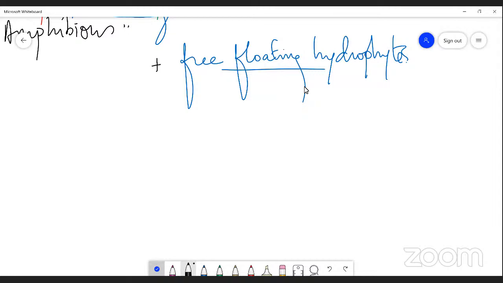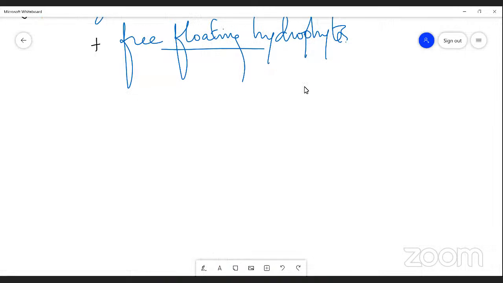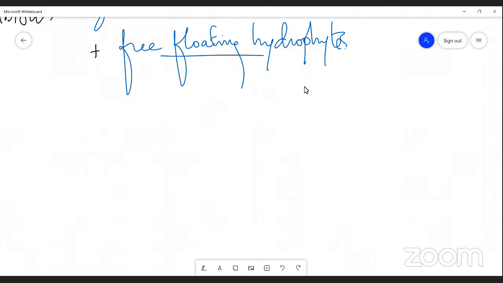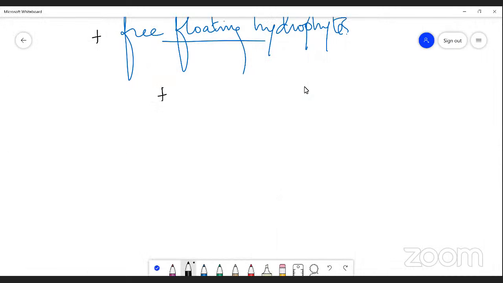For that, I'm going to give some examples. Eichhornia, Pistia. I'd like to give some examples, right? The first category is Wolffia. Wolffia and Pistia. Pistia. And one more, Eichhornia.